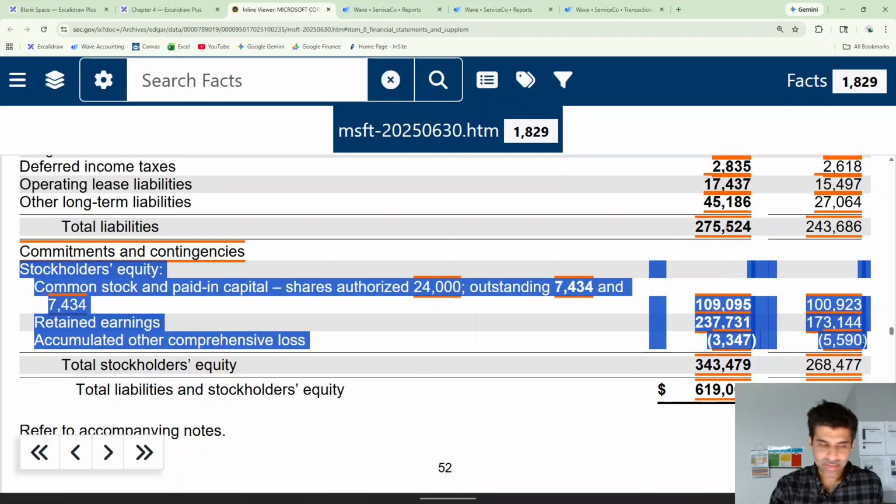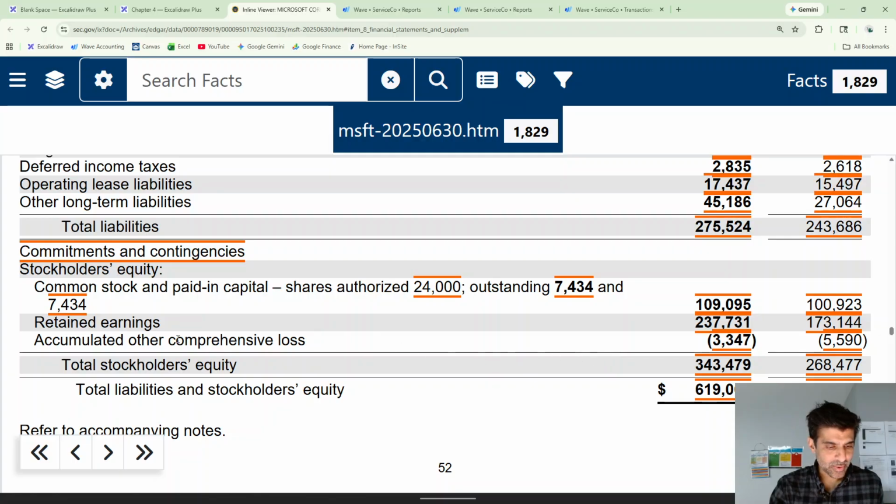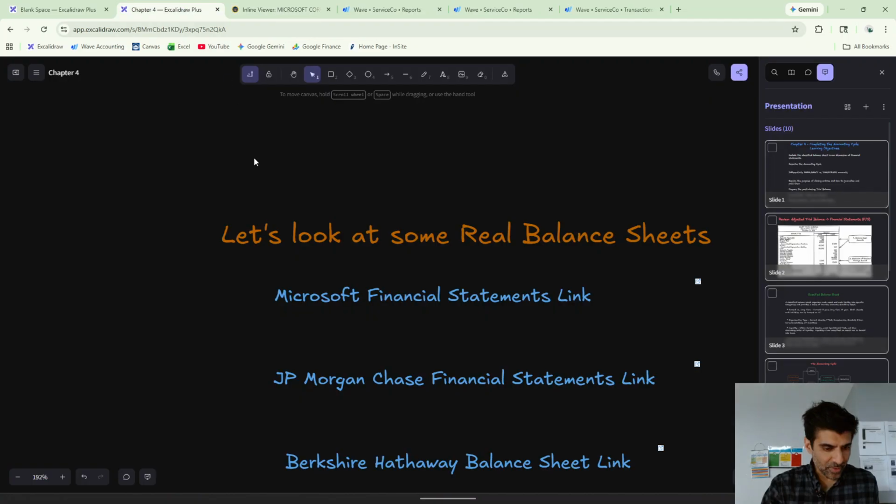But just looking at it, they have one class of shares, common stock, and then they have retained earnings. And this accumulated other comprehensive loss, that's like foreign exchange gains and losses, basically miscellaneous income. Okay, so that's Microsoft.